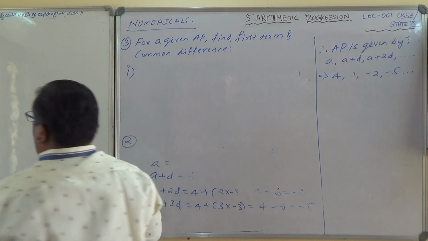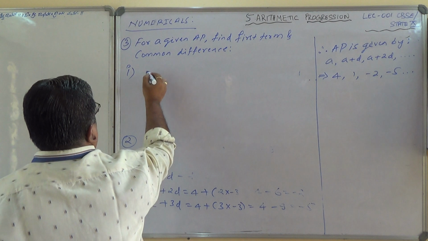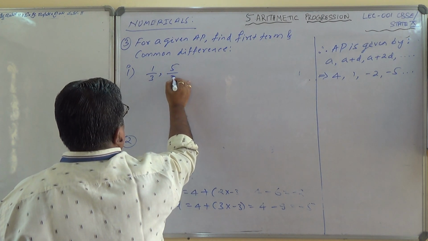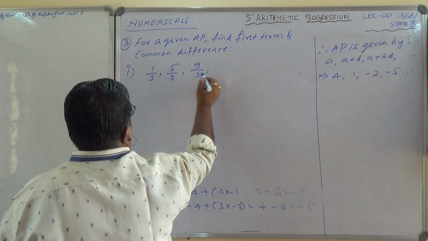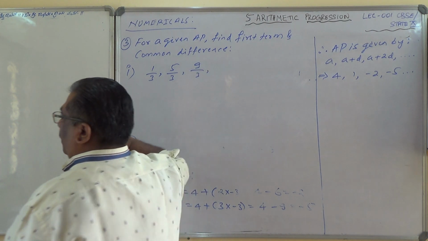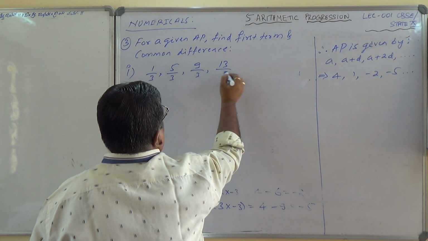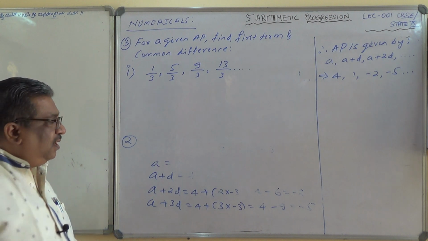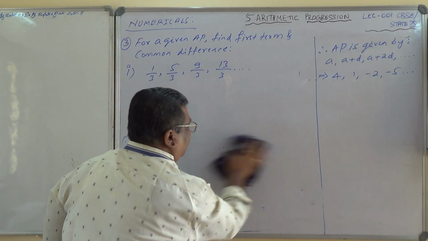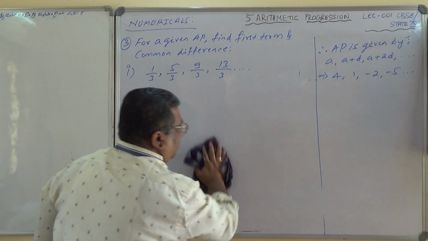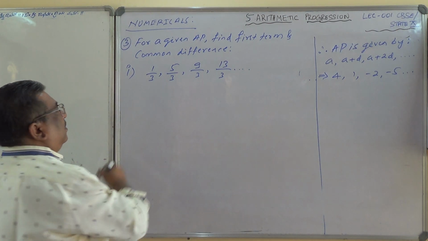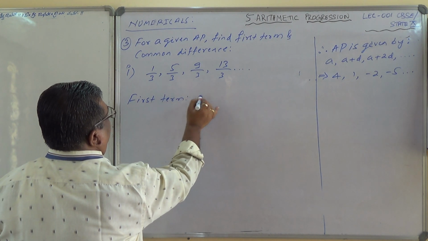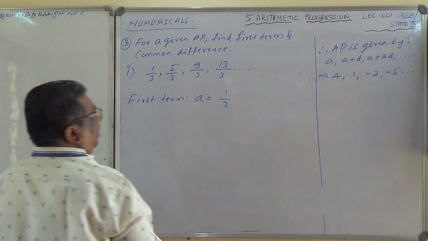In this, first I will take 1 by 3, 5 by 3, 9 by 3, 13 by 3, etc. 13 by 3 dot dot dot. This is the AP given to you. So how do you find out the first term here? Here, first term A equals 1 by 3, isn't it?